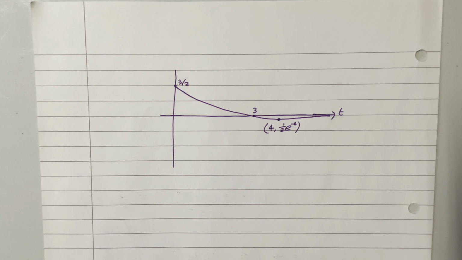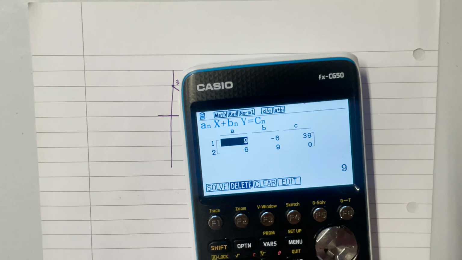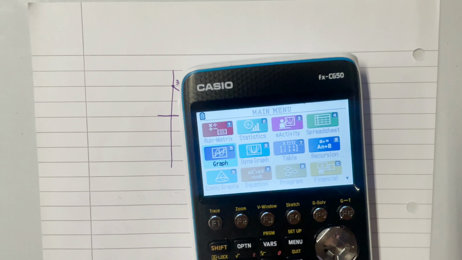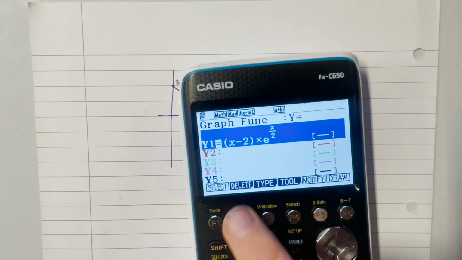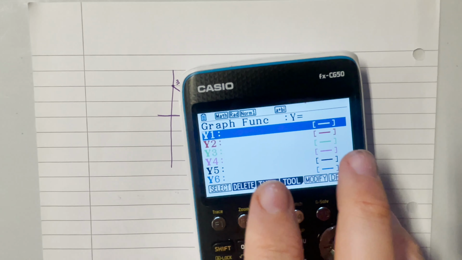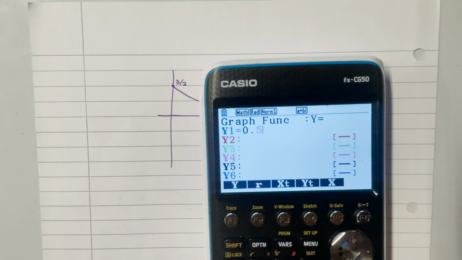And again, you can use the GDC to sketch that one. So if you go into graph mode, if you have a GDC, then we can sketch this curve, which was 1/2 times 3 minus x times e to the power of minus x.